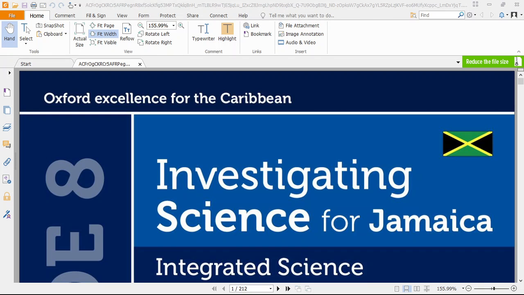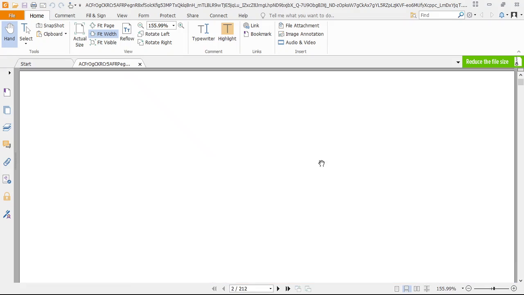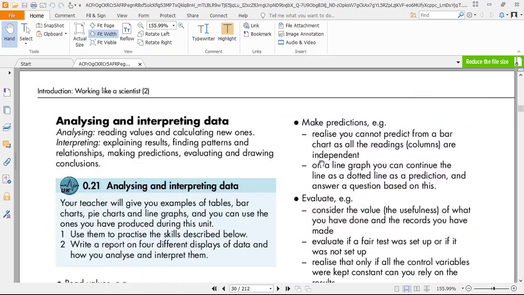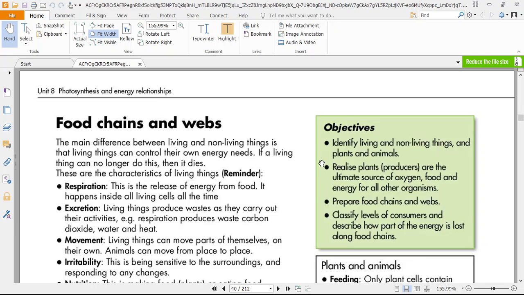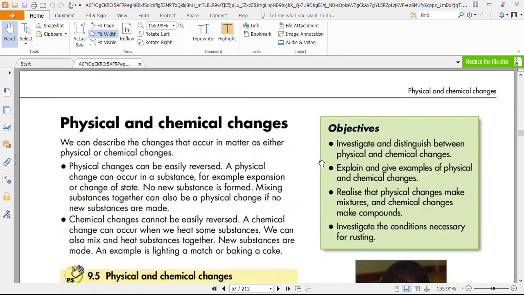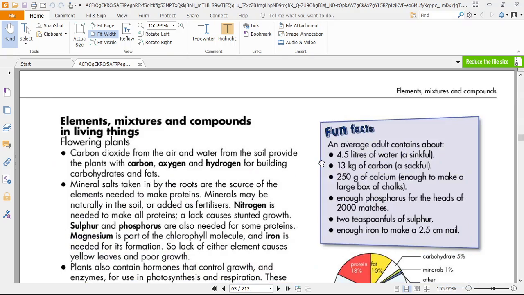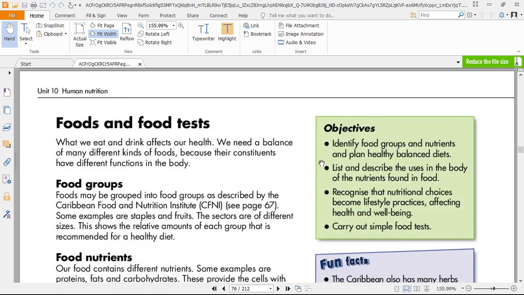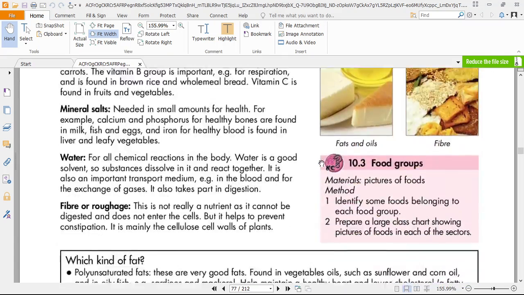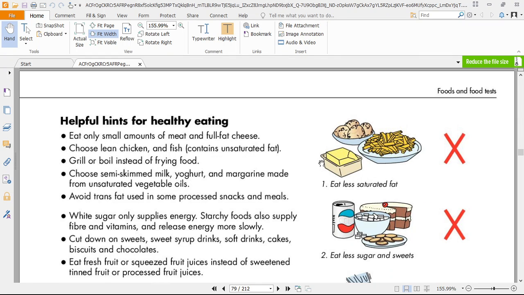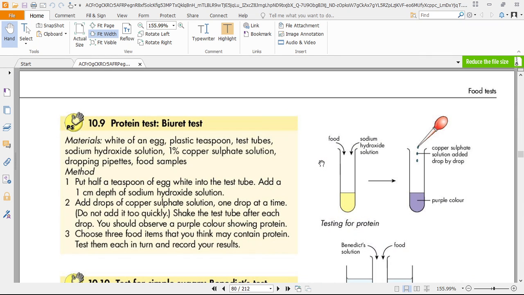Now, I want to pick up from digestion, and this will serve as your resource material, your asynchronous material that will aid you along with the notes that I've made for you.